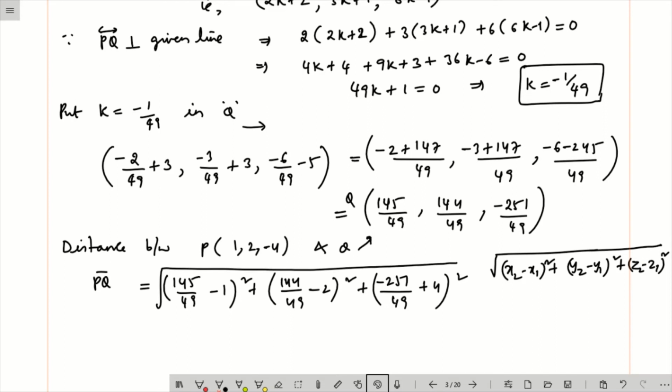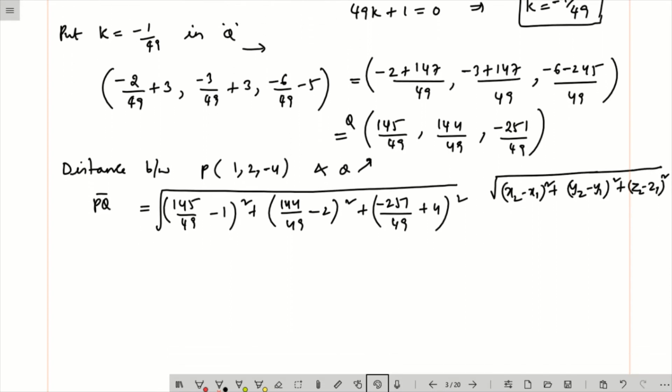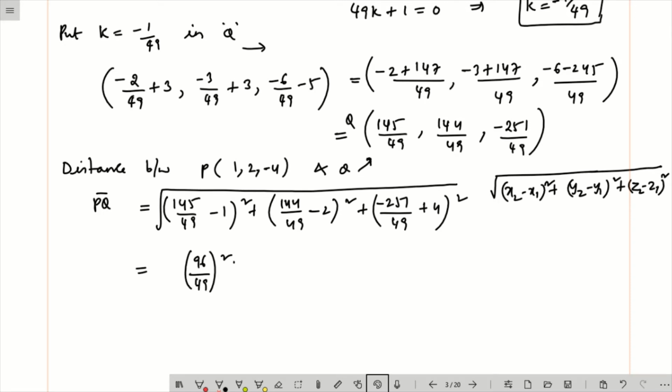Here I'll show a little bit of the calculation. 145-49 gives 96/49 whole squared, and 144-98 gives 46/49 whole squared, and here -251 + 196, we can just do the calculation and we'll get -55/49 whole squared.